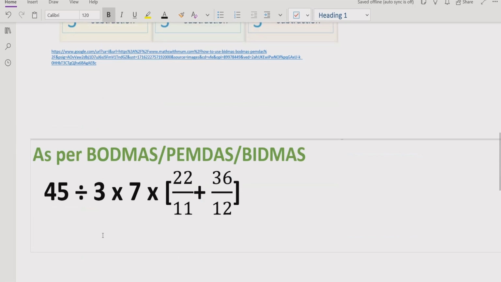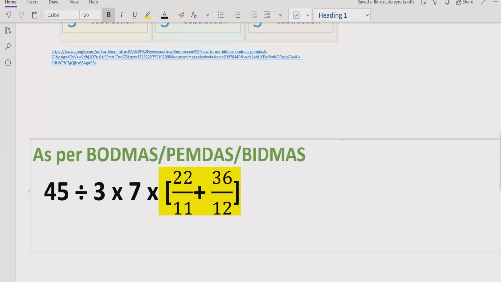As you can see in the given expression, according to the rule, we have to solve first the bracket, or you can say the parenthesis. In our expression, as you can see on the screen, this part is our expression. So we will solve this part first.